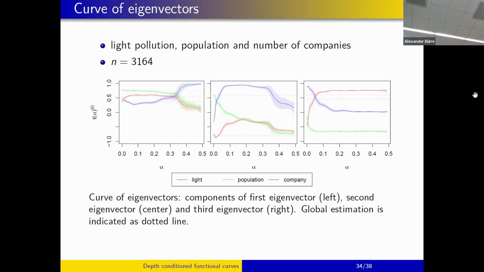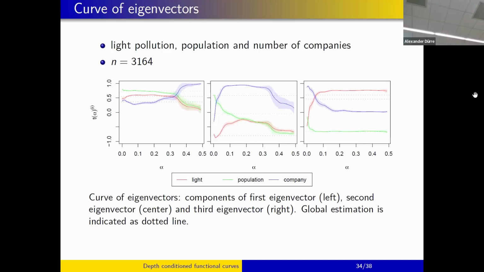So the most variability is explained by this eigenvector, which means it's a linear combination, or even the average, of all three components. That's maybe the best explanation. So the first is just the average of population, companies, and light pollution.